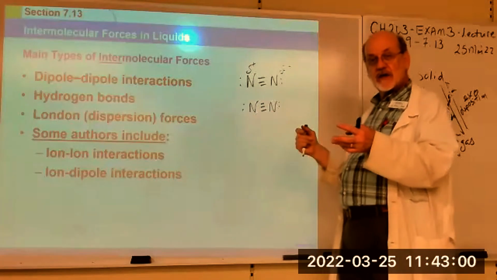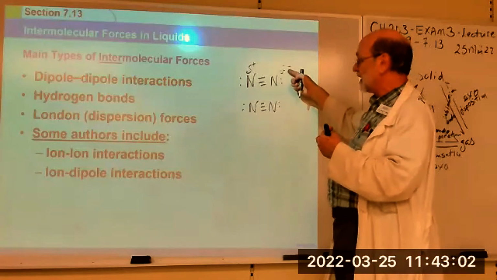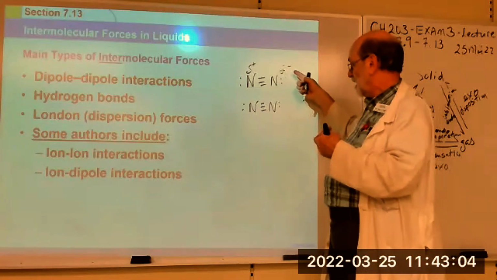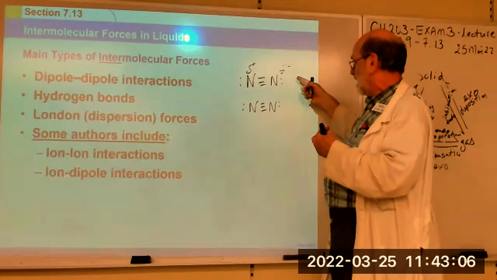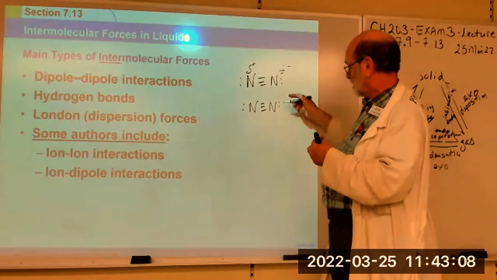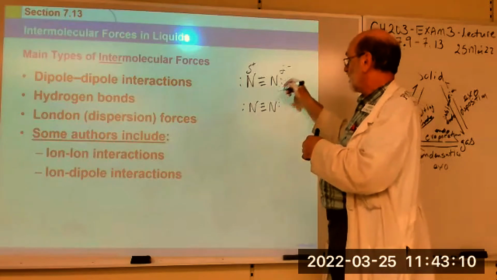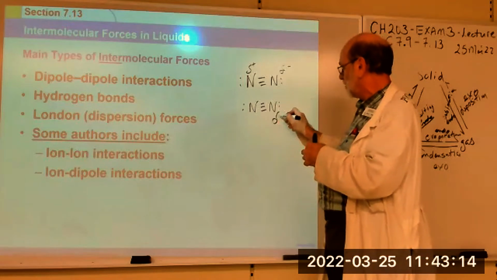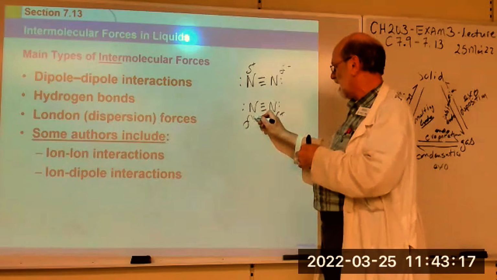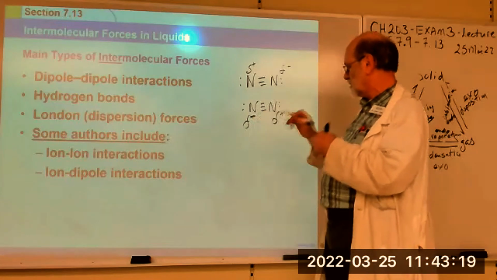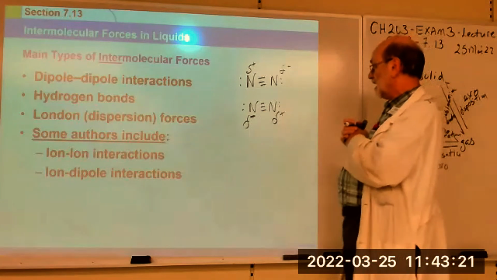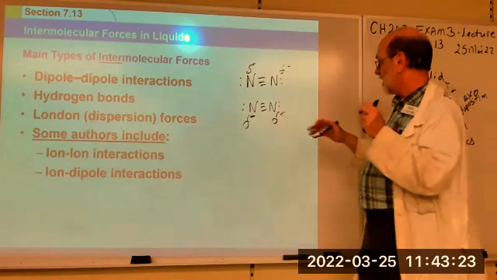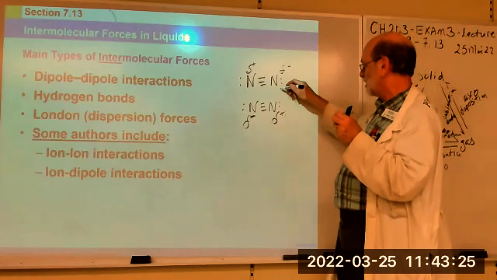That's all it takes. Its neighbor then will feel that negative pull. Well, actually, it's a push. You've got electrons here. So that negative pushes electrons away from this side and over to this side. Okay? And that instantaneous push means you've got a negative and a positive.